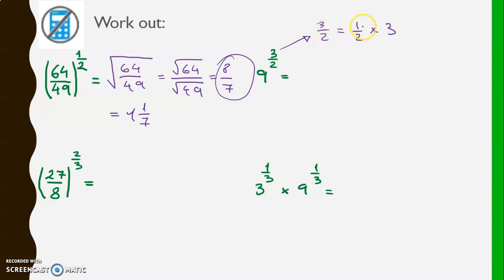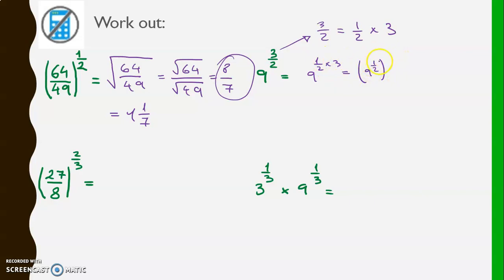So in this case, it's half times 3. So we have to work backwards on that rule, the power of a power. We want to write this as 9 to the power of 1 over 2 times 3, which is 9 to the power of 1 over 2, everything to the power of 3. We are going backwards on that rule.